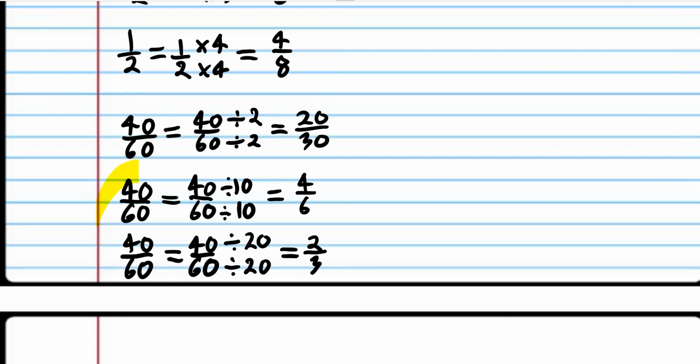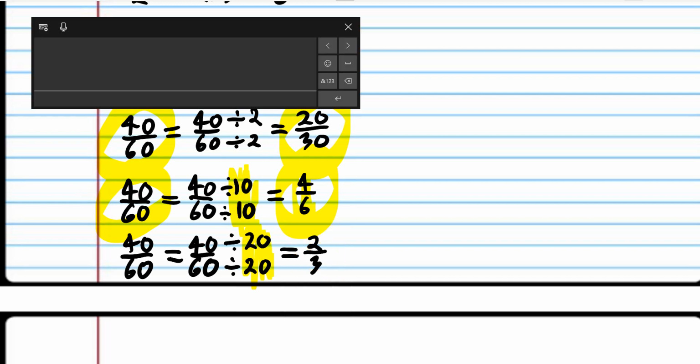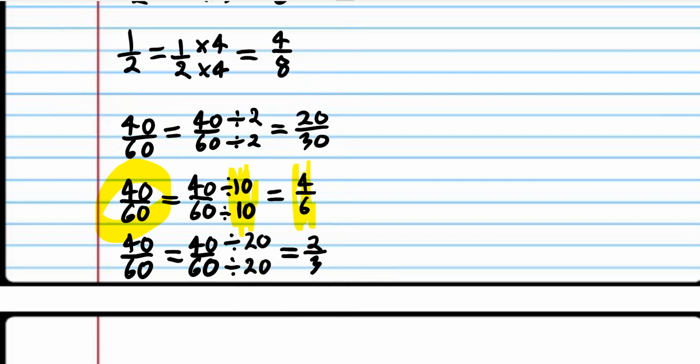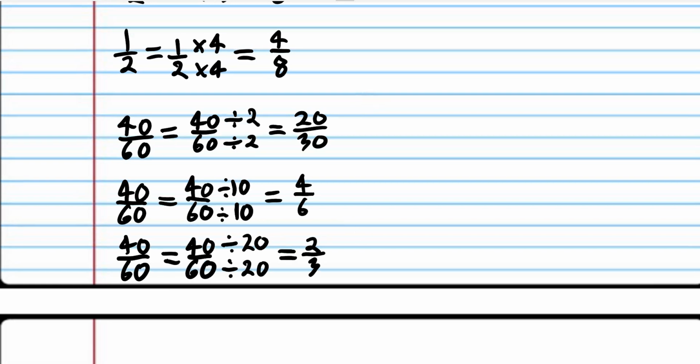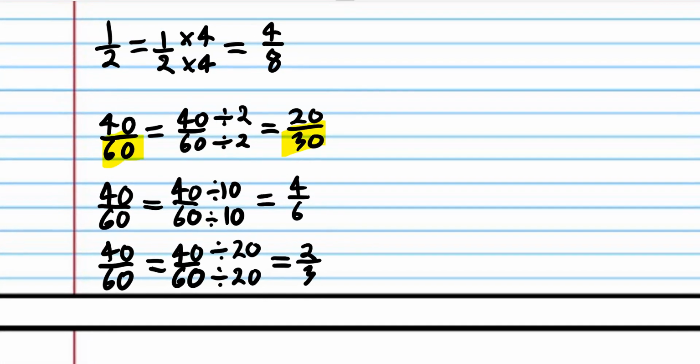You can also take 40 out of 60 and divide it by 10 and get 4 out of 6. 40 out of 60 is the same as 20 out of 30, which is the same as 4 out of 6, which is the same, if you divide both sides by 20, as 2 out of 3. All these fractions are what you call equivalent fractions. They give you the same value. In other words, if you had a big old candy bar that you could divide up into 60 parts or 30 parts, it wouldn't make any difference. It's still the same amount of chocolate.